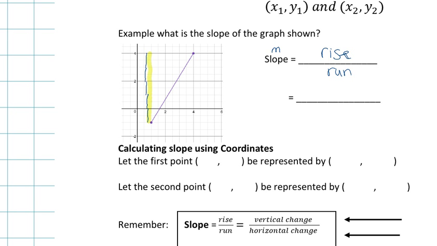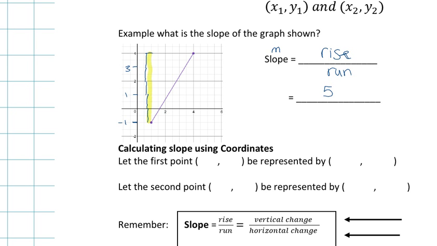If you look here, every 2 units, every 2 squares is 1. Do you guys see that? So that's 1, 2, 3, 4, 5. So the rise is 5. And the run, again, every 2 is 1.